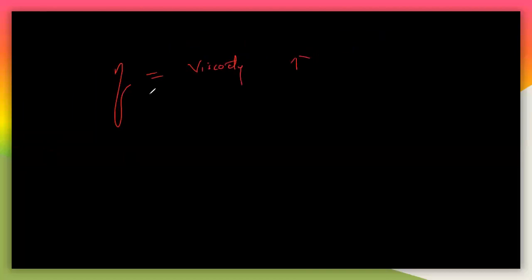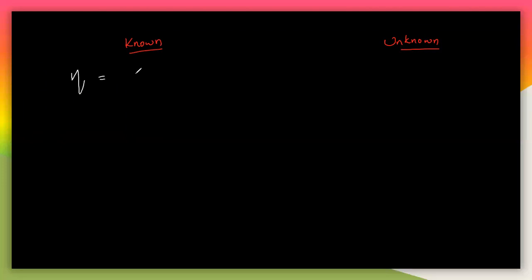So viscosity will be very high for this eta here. So let us understand this. Let us take two solutions, a known solution and an unknown solution. So we are considering two solutions, one is known and another one is unknown. Let us say eta 1 viscosity is known here, and eta 2 is unknown here.